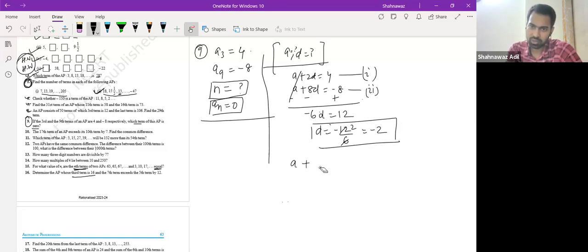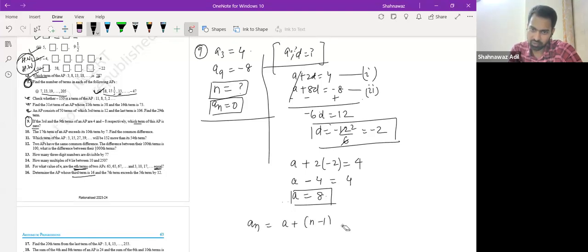Then we can use the first equation to find out what a is. So a plus 2 into -2 is 4. So a minus 4 is 4, so a is 4 plus 4, which is 8. A is 8, d is -2, so then we can write all the values. An equals a plus n minus 1 into d. So an is how much? 0. A is 8, and n we need to calculate, and d is -2.